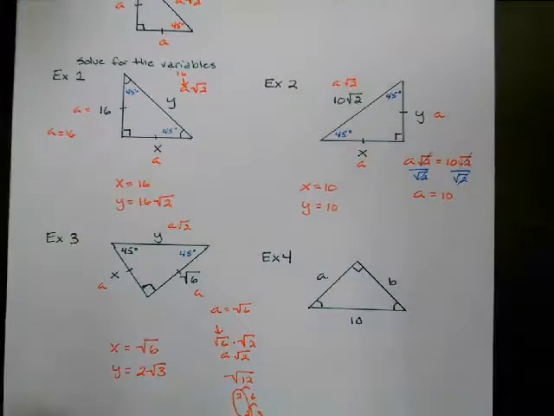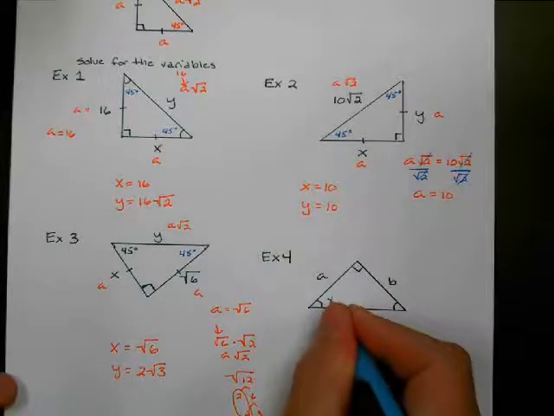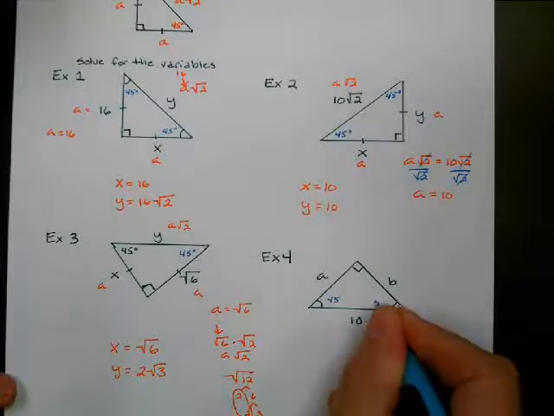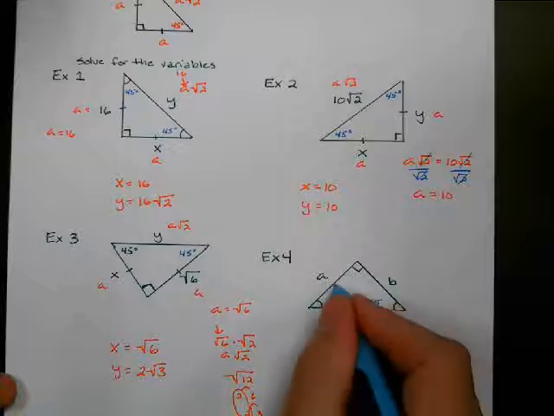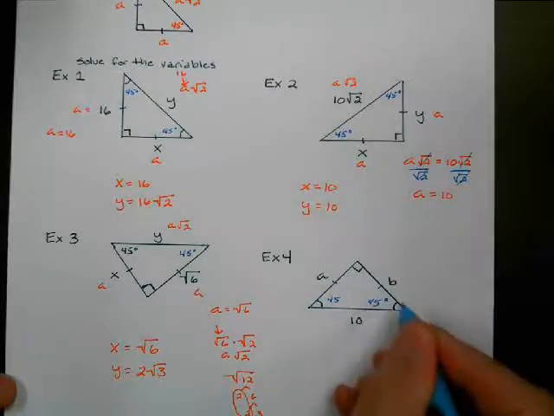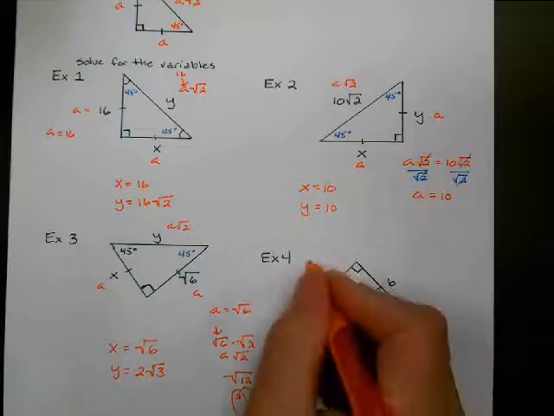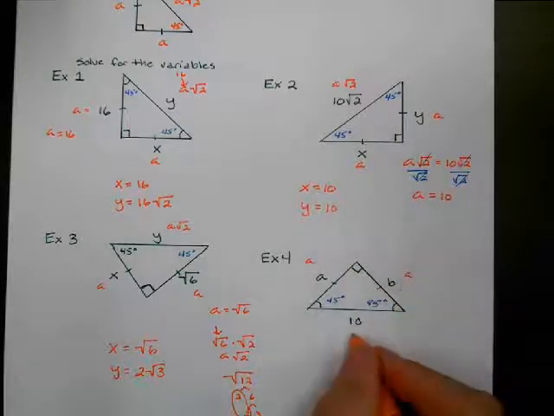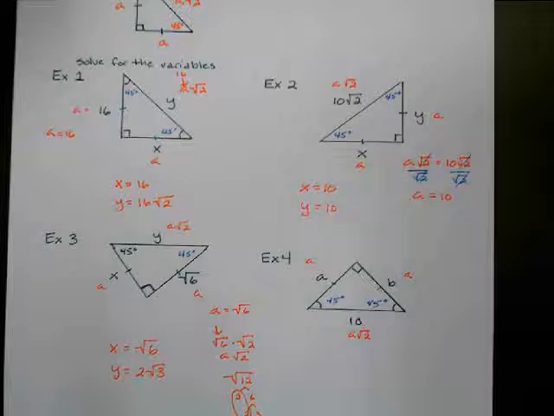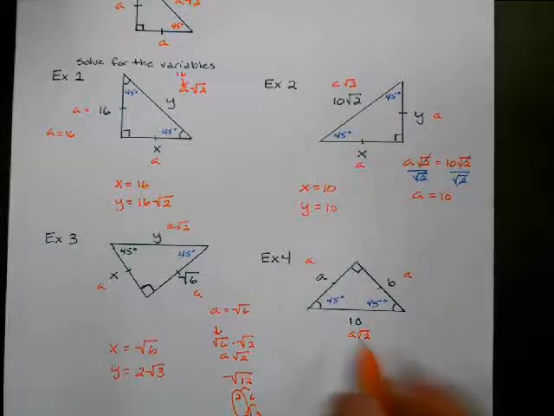All right, almost there. So again, we've got a 45, 45, 90 triangle. So this is a, this is a, this is a root 2. So I know that the a root 2 side is equal to 10.